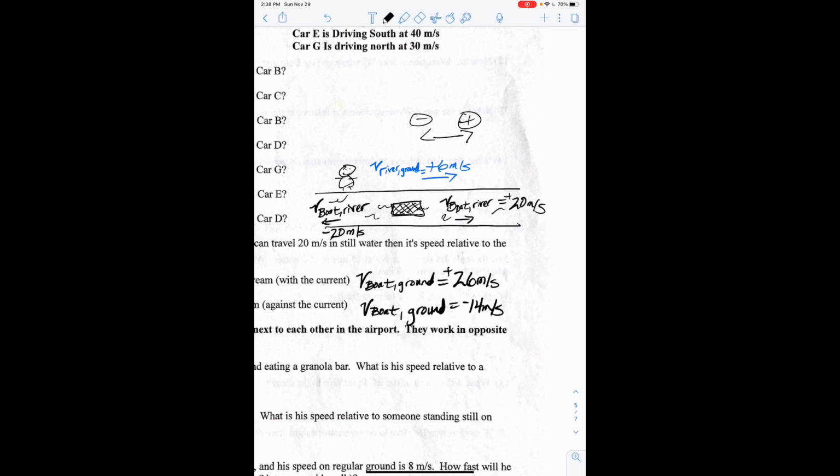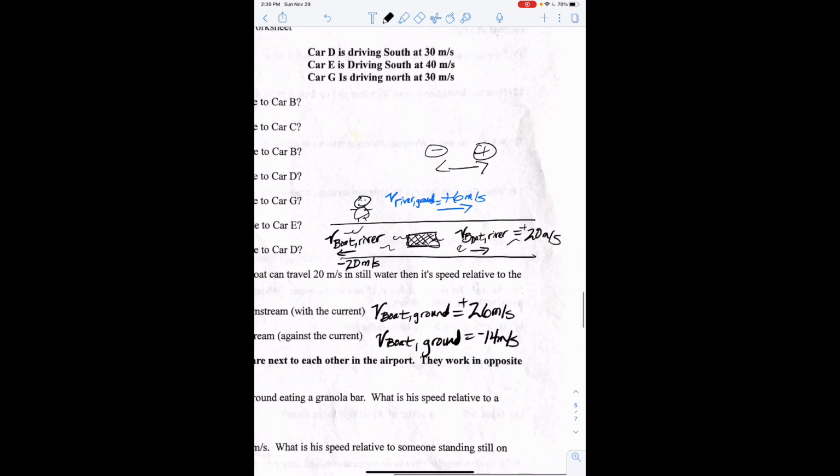Okay, so can our formulas help here? And the answer is yes. So if this doesn't make sense, or if you're not seeing it, for the first part, if we said, what is the velocity of the boat relative to the ground, you would say, well, what's the velocity of the boat relative to the river plus the velocity of the river relative to the ground.